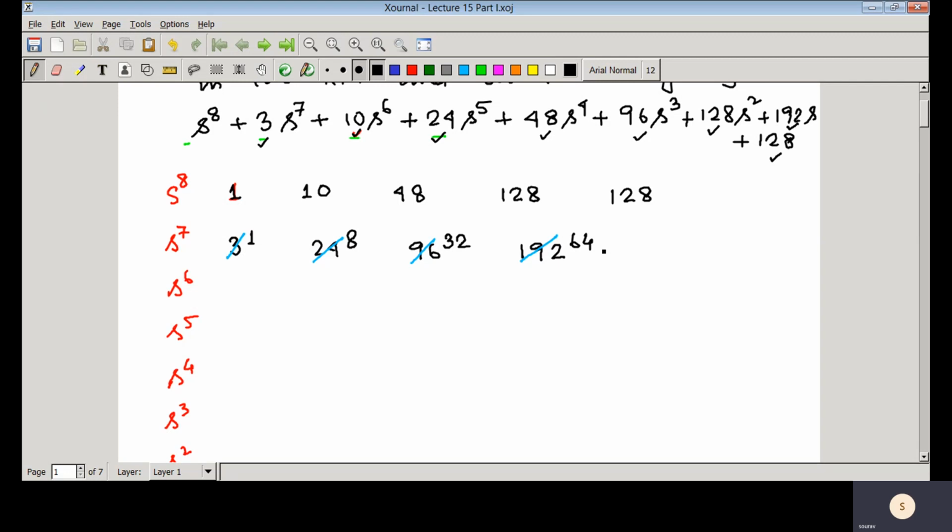Now we proceed. The product would be like this one divided by this. The first one is 10 minus 8, that is 2, divided by 1, that is equal to 2. The second one is 48 minus 32, so 16 divided by 1, that is 16.